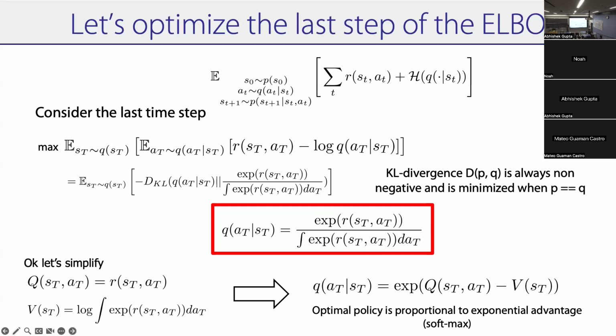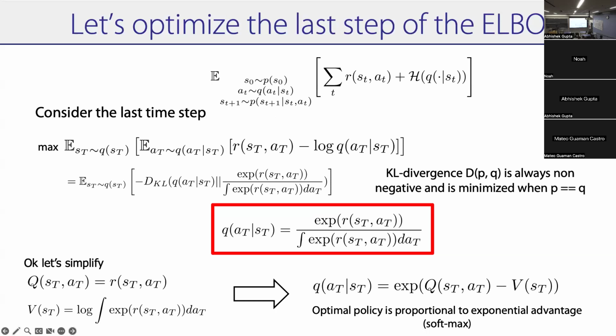Normally the value function is the max over the Q function. This is the softmax over the Q function. So the value function is the softmax over the Q function.